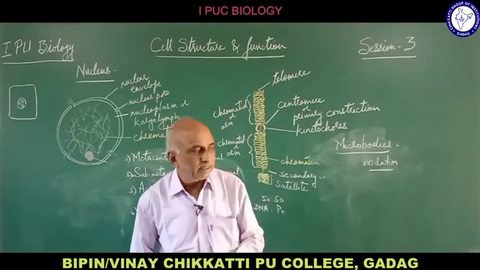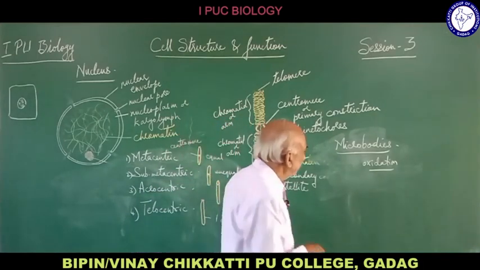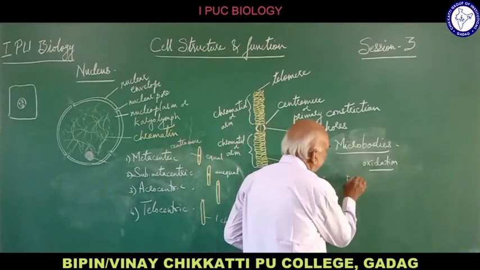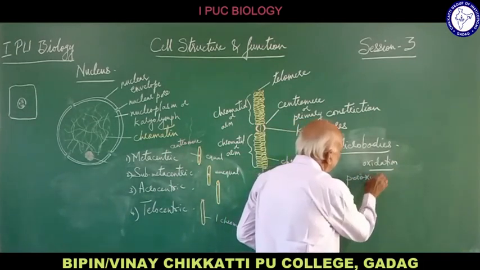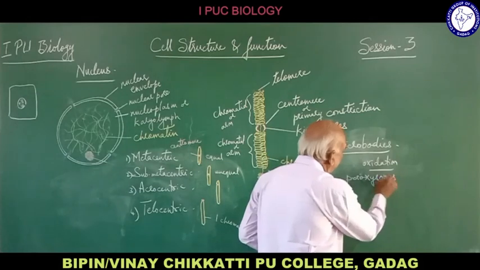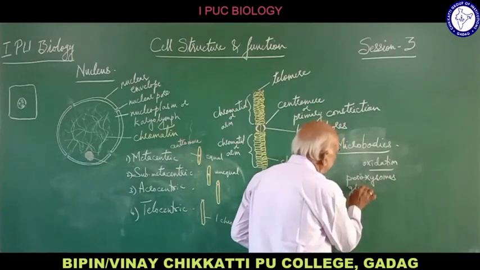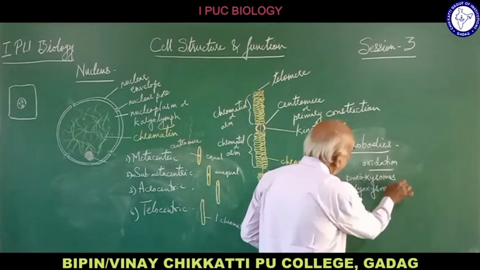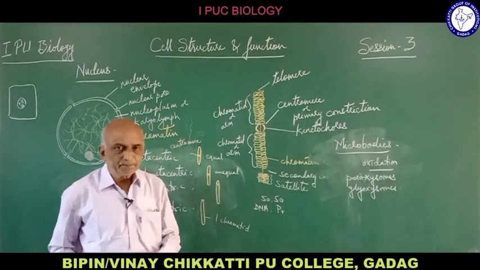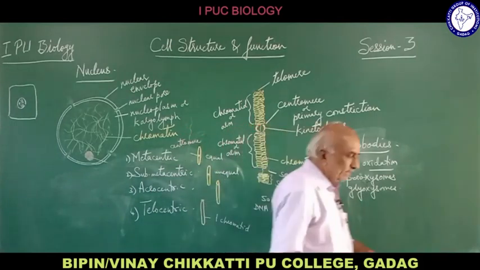They are usually present in the plant cells. Now there are two types of microbodies. Peroxisomes are one type, and glyoxysomes are the other type. So these are the two types which help in the oxidation process.